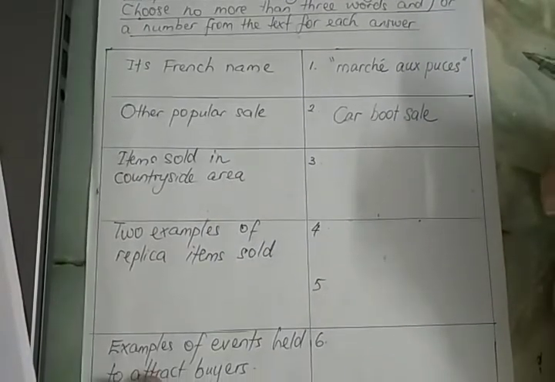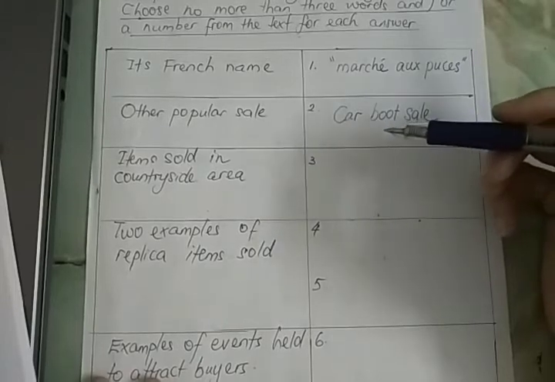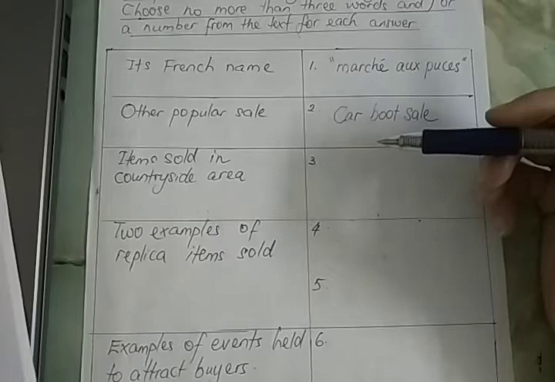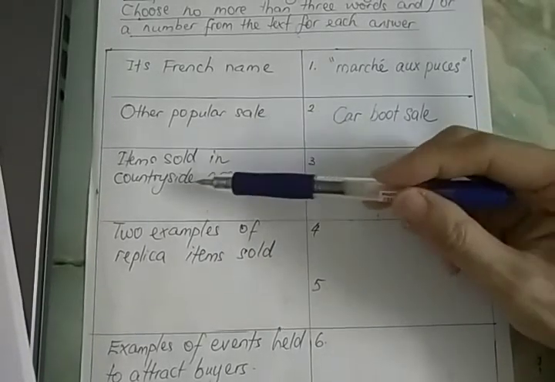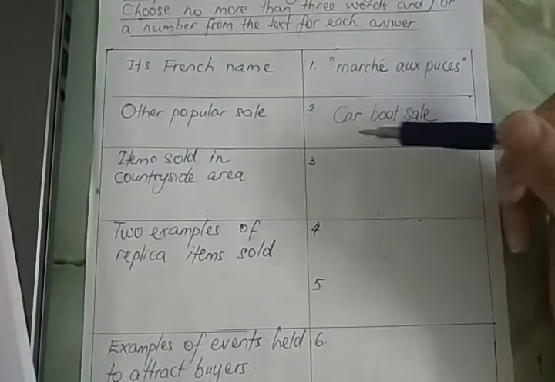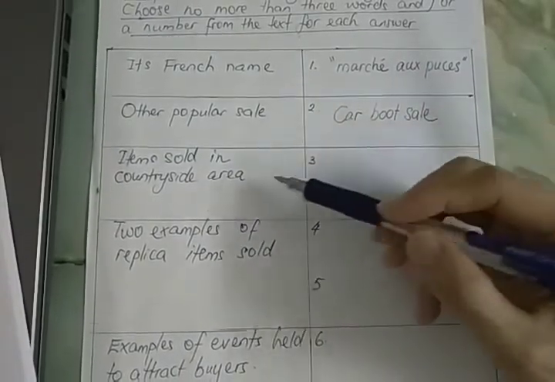Next, items sold in countryside area. Now countryside here, it's a bit kind of outskirt, so it might be in the rural areas. Countryside, a bit far from town, and it's normally in rural areas. So you can find the word rural area or countryside in the text, whichever, a similar word to countryside.